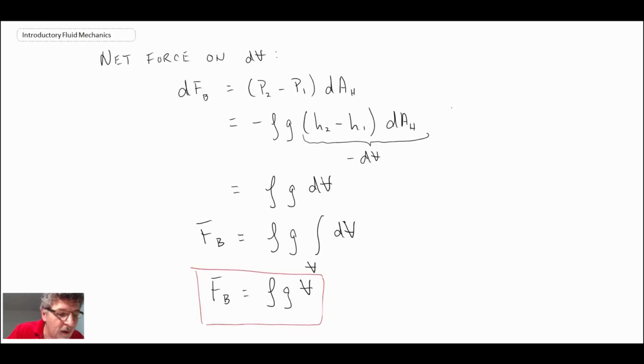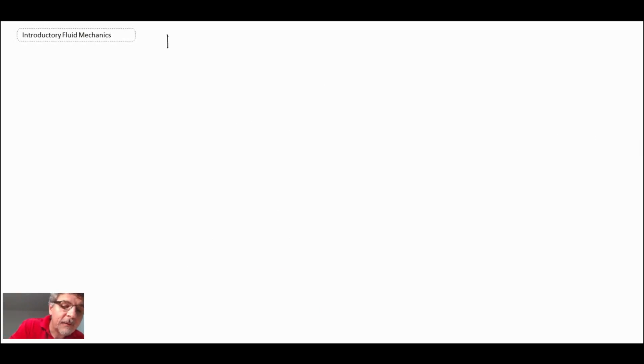And I'll put a little comment here: H2 minus H1 is negative because H2 is more negative than H1. So if you're wondering how I did that sign change, that was how it was done, using the hydrostatic equation.